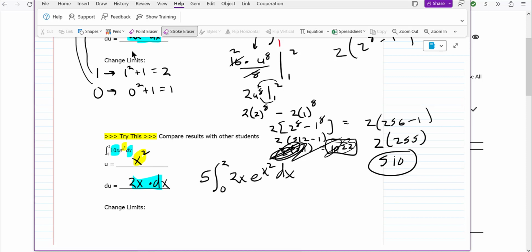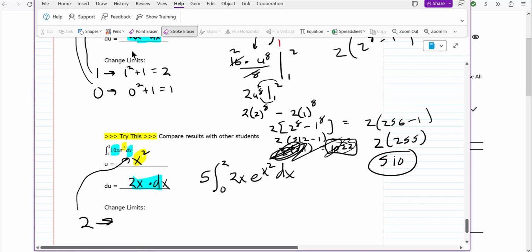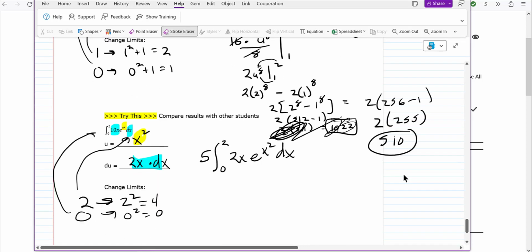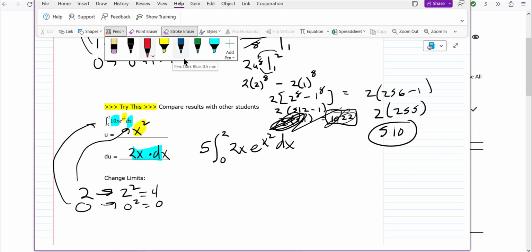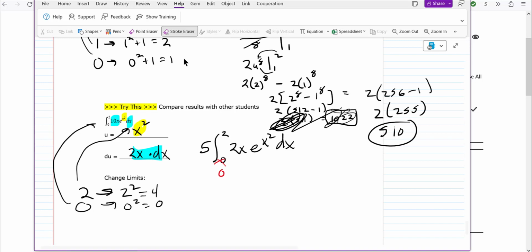And what you'll have on the limits, you plug the 2 into the u sub, so you do 2 squared to get 4. Then you plug the lower limit 0 in to get 0 to the second, so that's equal to 0. Now you have to take care of all your substitutions. This may be one good way to do it. The 0 is still 0.